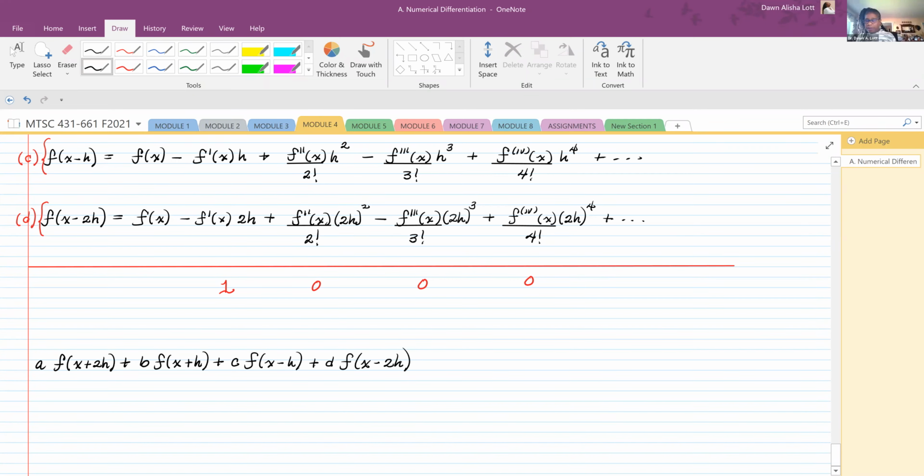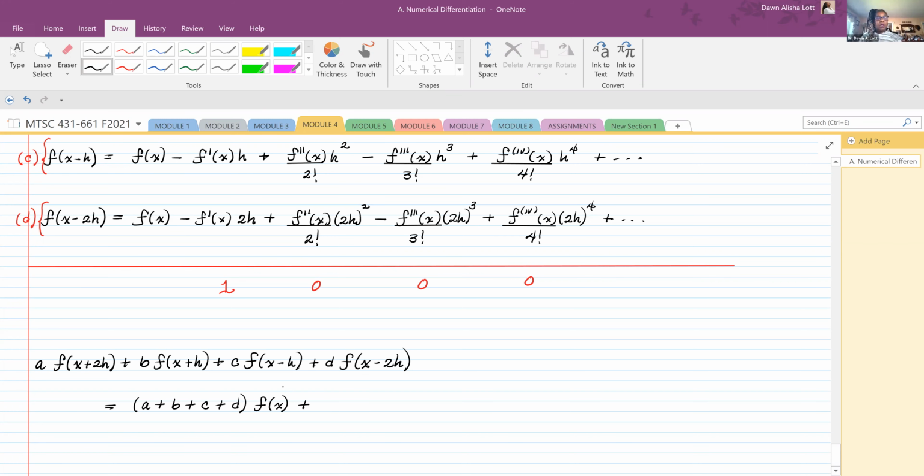Okay, so that's the whole left-hand side. Now, on the right-hand side, I'm going to get A plus B plus C plus D times f at x. Okay.